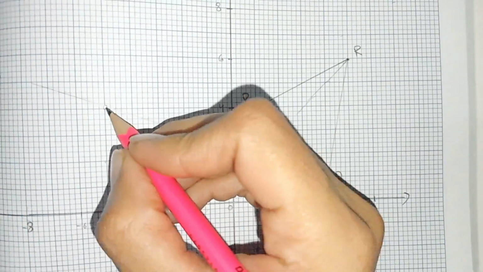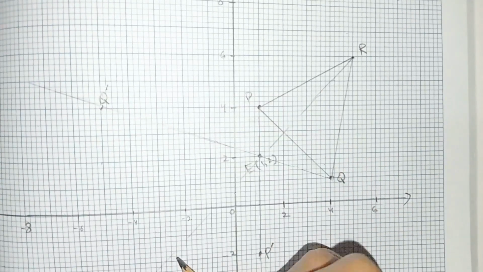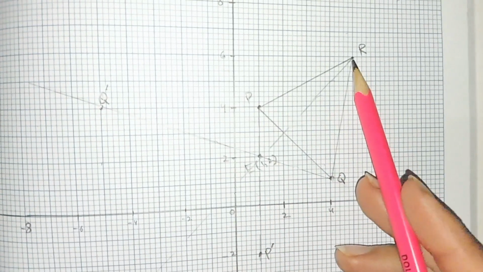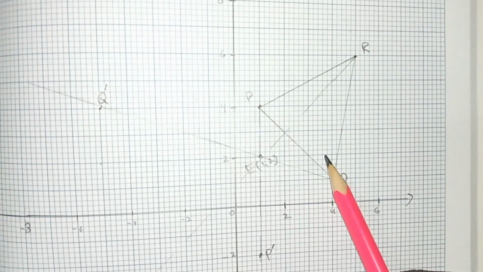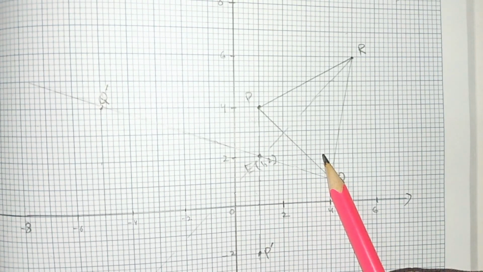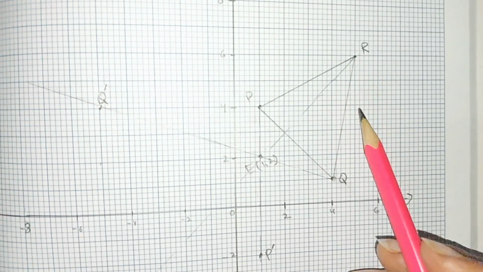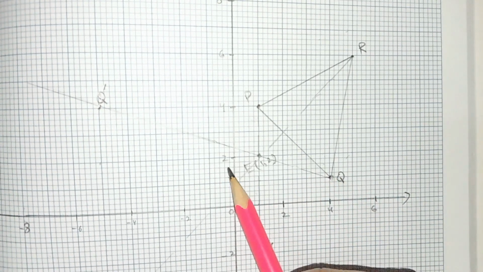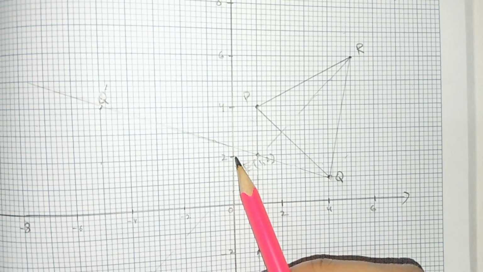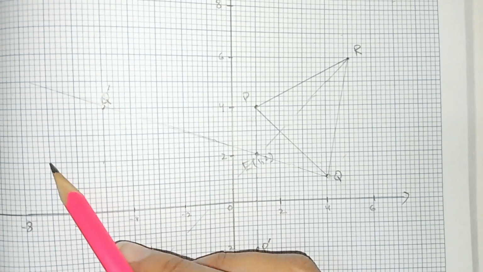Now since this point lies there, this is the Q prime on that line. Now for R, from the center of enlargement the distance is 1, 2 and 3, and 3 and 4. Along the x-axis this is 4 points away, and 4 multiplied by 2, we get 8. Now we have to move 8 points, 1, 2, 3, 4, 5, 6, 7 and 8.